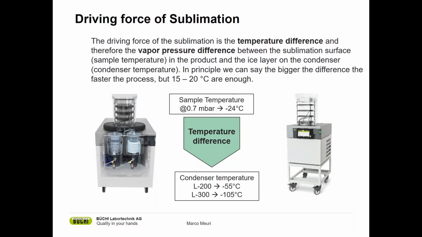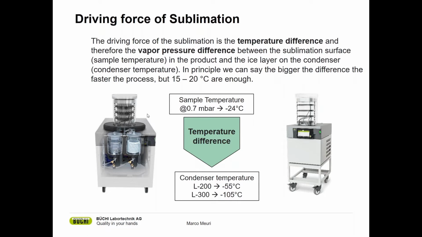As an example, if we use a sample at 0.7 millibars pressure, we will have a sample temperature of about minus 24 degrees with an aqueous sample. Now, if we use this in an L200, we will have a temperature difference of 30 degrees, which is very fine, more than enough, and the process will run properly. For the L300, it is absolutely no issue. We have plenty of temperature difference and the process will be rather fast.